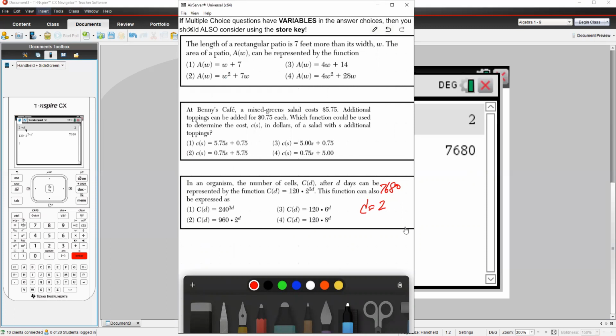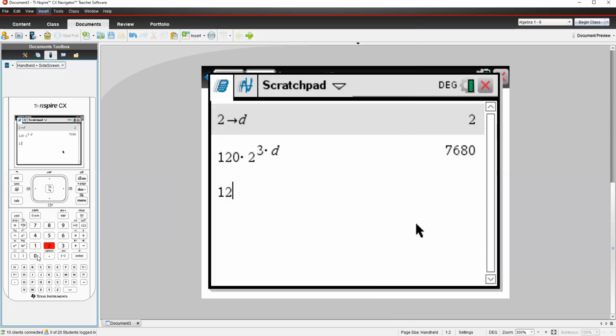I think it's number 4, so that's the one I'm going to check for. I'm going to do 120 times 8 to the D power. And they absolutely match, so that's your answer, and we would keep it moving.